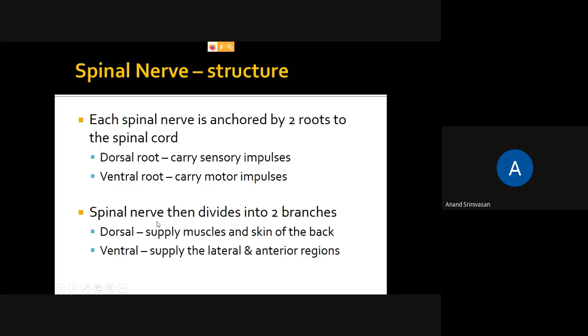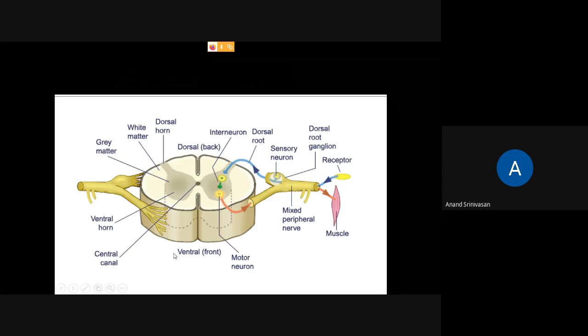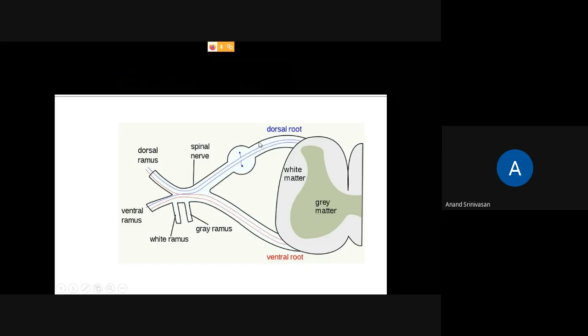The spinal nerve then divides into two more branches, dorsal and ventral rami. We will see that in this picture. Here you can see the dorsal root and ventral root. This is the spinal nerve. The spinal nerve once again divides into dorsal ramus and ventral ramus. Dorsal is also called posterior.